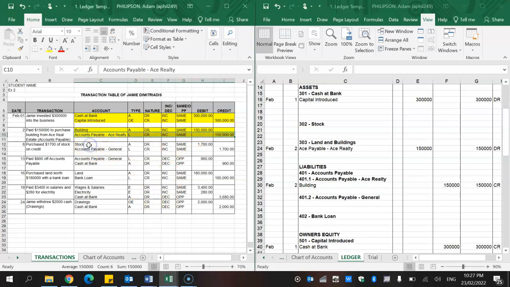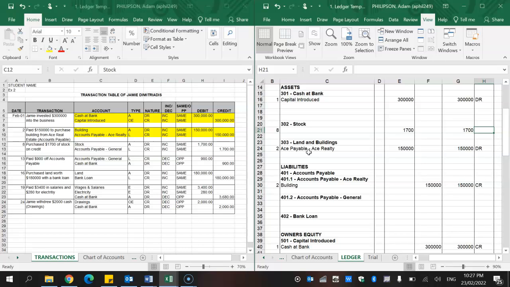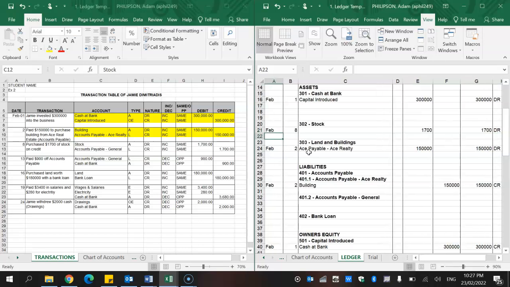So our next one tells us we're posting $1,700 debit to our stock account. We come over here to stock. February the 8th, $1,700 debit. Since it's the only transaction in there so far, our balance is $1,700 debit into the stock account.